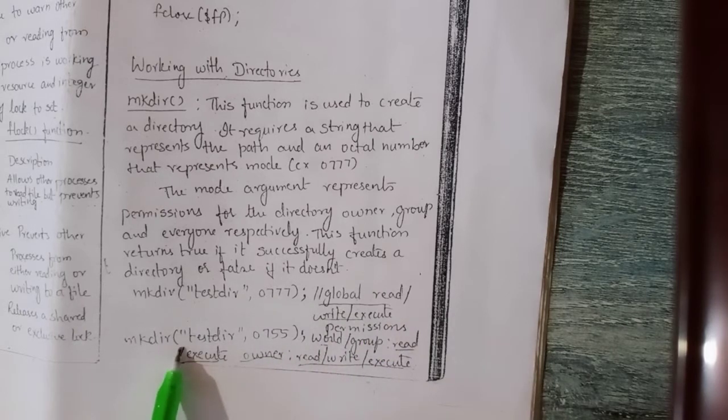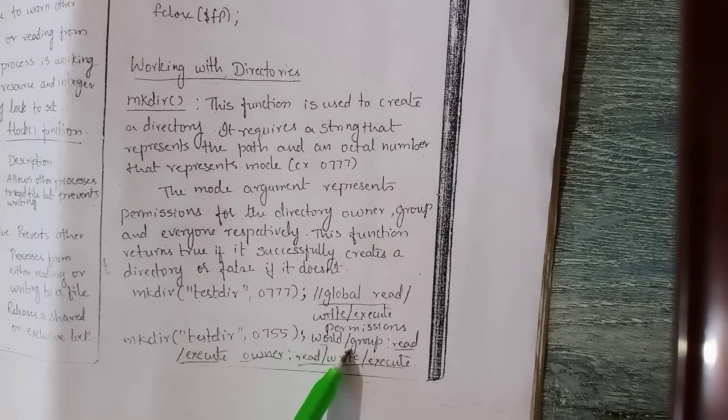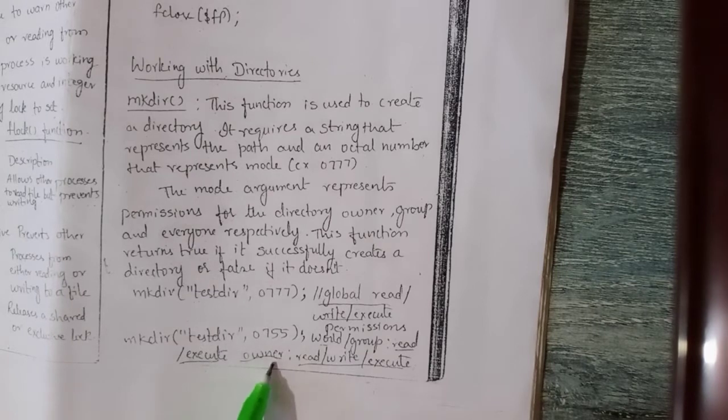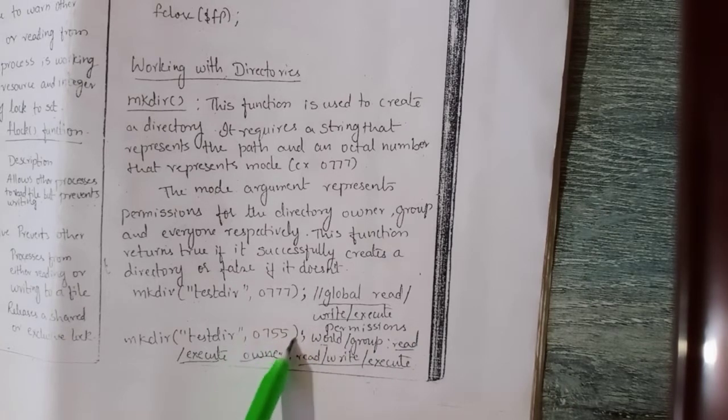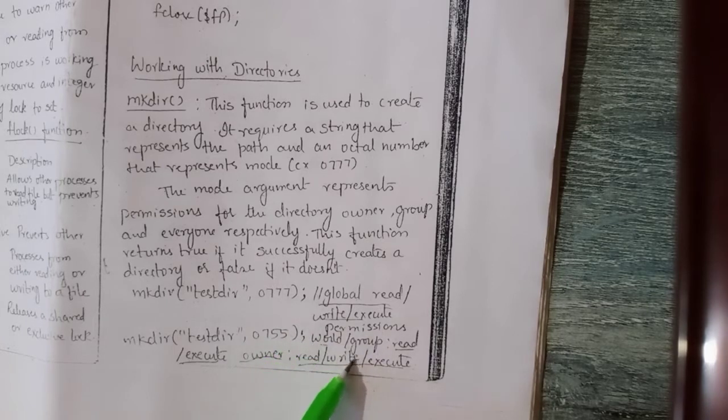Then the second example represents 0755, which means this can be used by the group for reading and executing, and by the owner for reading, writing and executing. This is to represent the mode by which the directory can be accessed for reading, writing and executing. This is how we create a directory.